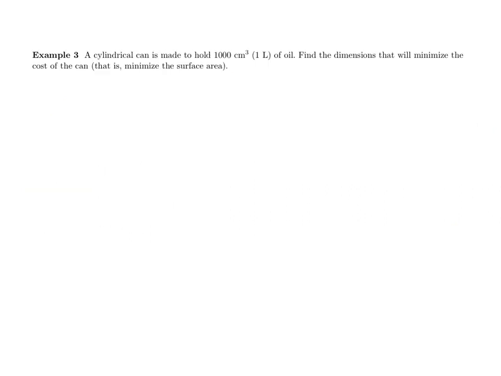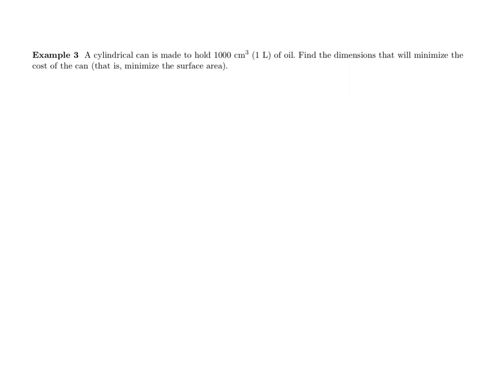In example 3, we're told a cylindrical can is made to hold 1,000 cubic centimeters, which is 1 liter, of oil. Can we find the dimensions that will minimize the cost of the can? And that's really asking, can we minimize the surface area? Because the smaller the surface area, the less material that you're using to build the can.